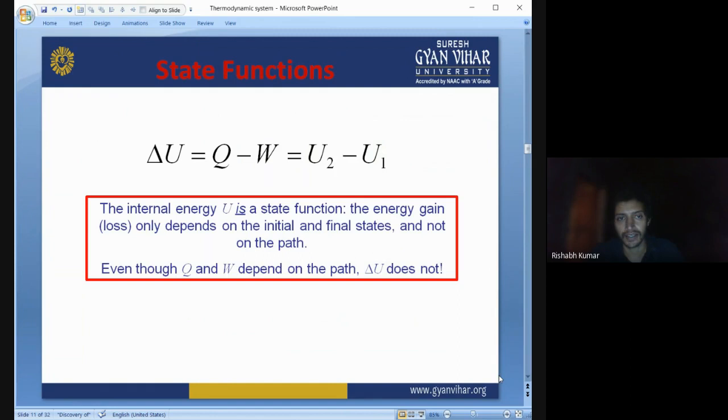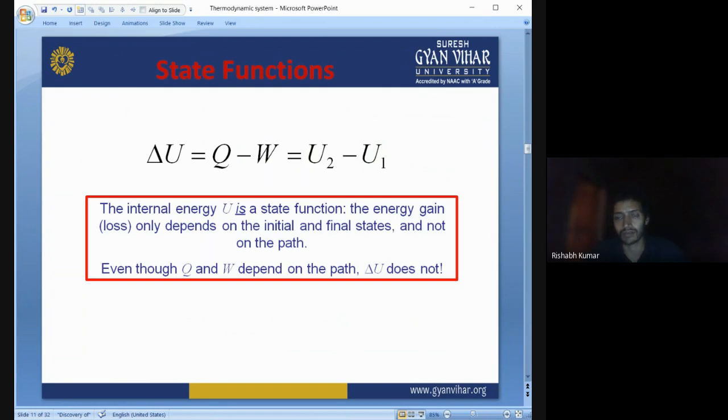So the internal energy U is a state function, right? So internal energy gain or loss only depends upon the initial and the final state, and not on the path. Okay, it only depends on the present moment, the state in which your system is at the present moment.